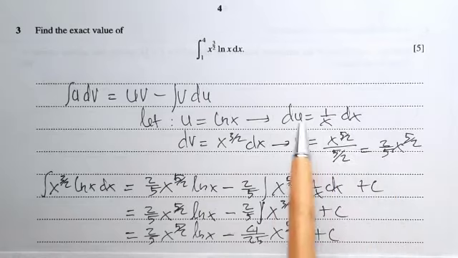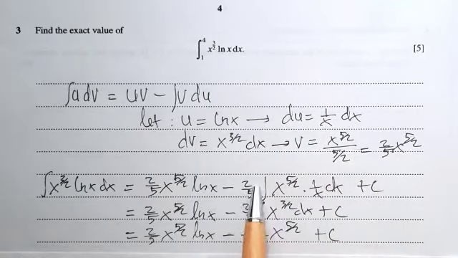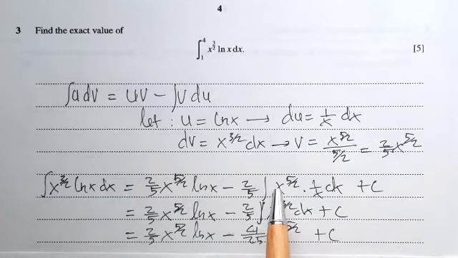We write 2 over 5 outside the integral sign, thus 2 over 5 times the integral of x to the power 5 over 2 times 1 over x dx, and x to the power 5 over 2 times 1 over x is x to the power 3 over 2.